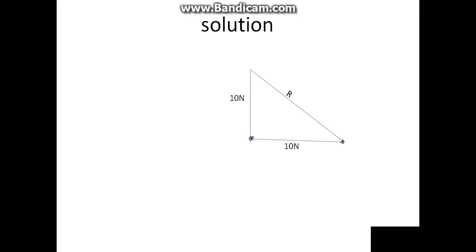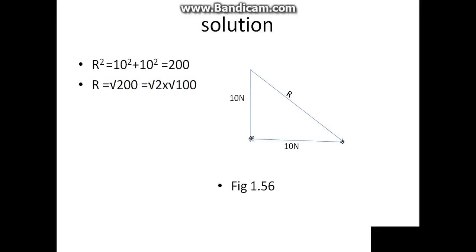Using the Pythagoras rule, the square of the hypotenuse is equal to the sum of the squares of the other two sides. We have that r squared, which is the hypotenuse and the resultant, equals 10 Newton due east squared plus 10 Newton due north squared, which will give us 200.